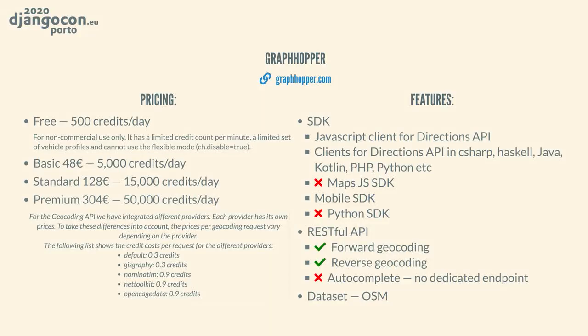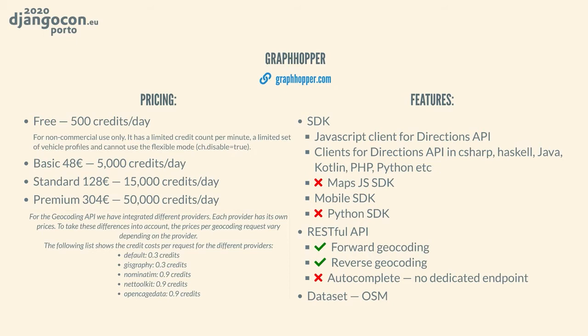GraphHopper. GraphHopper is a German service for route planning and optimization, and its main focus is on this functionality. It has a free tier of 500 credits per day, but only for non-commercial use. It has limited credit count per minute, and cannot use flexible mode.